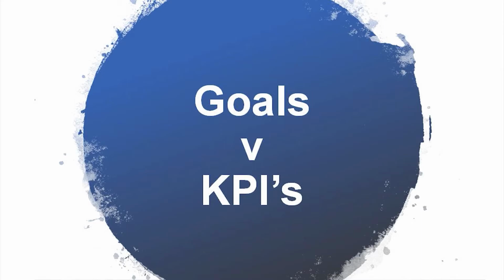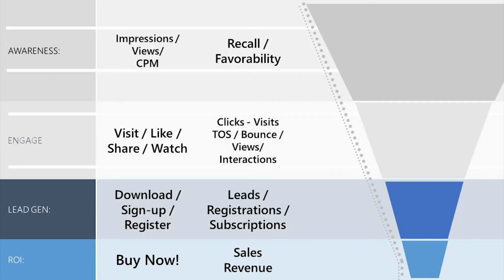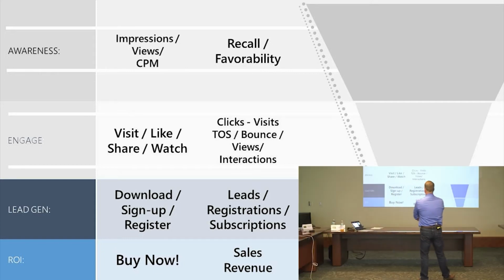Goals and KPIs. Based on what you are doing, this sets the funnel. So at the top of the funnel, when we're measuring awareness, yes, we're looking at impressions, views, cost per mille on our ad buys. We're measuring that maybe by recall or favorability. So if you're top level, you're using top level metrics.